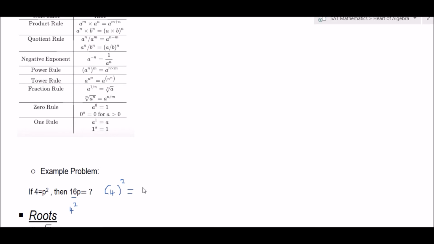So p squared, and then we'll have to square that. So 4 squared, we know that's 16, and p squared squared, as we learned with the exponent rules, you have to multiply these. So that would basically be p to the power of 4, because 2 times 2 is 4.